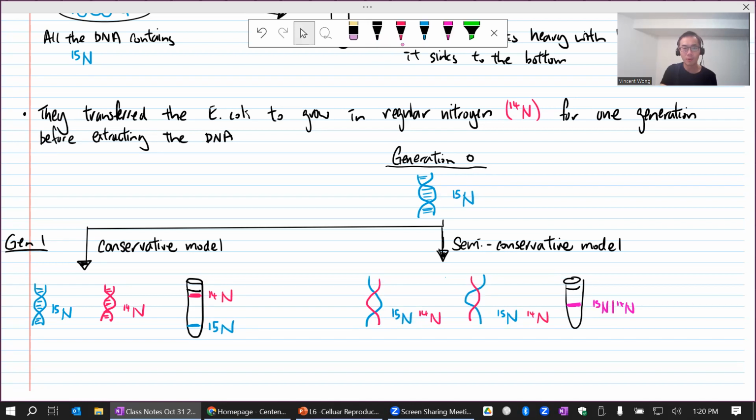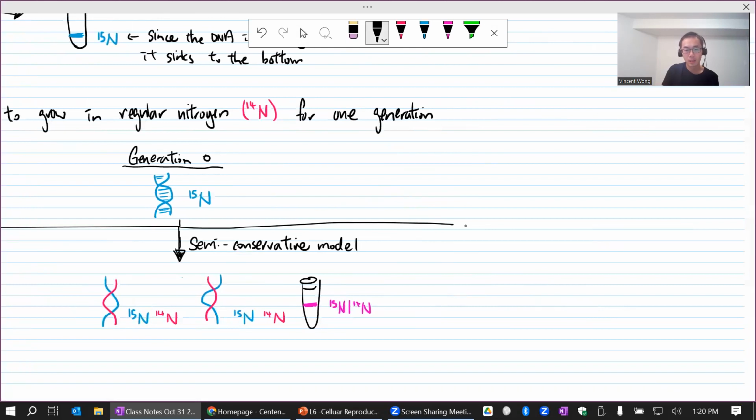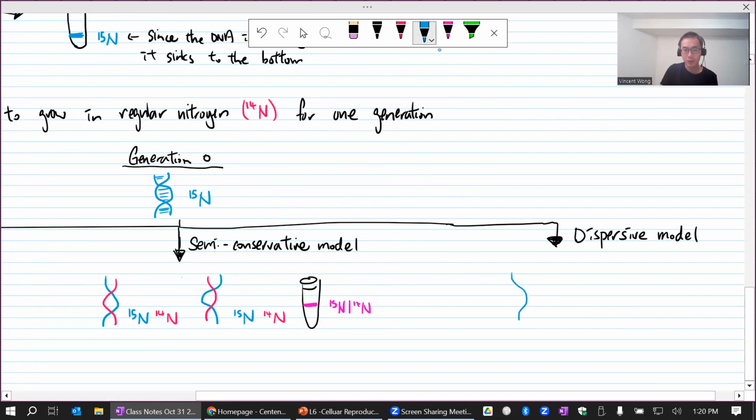We are sort of almost there. Let's draw one more. Oh boy. Now the last model is the dispersive, right? Dispersive model. And in this situation, it's really hard to draw. So I'm just gonna draw it like this first.